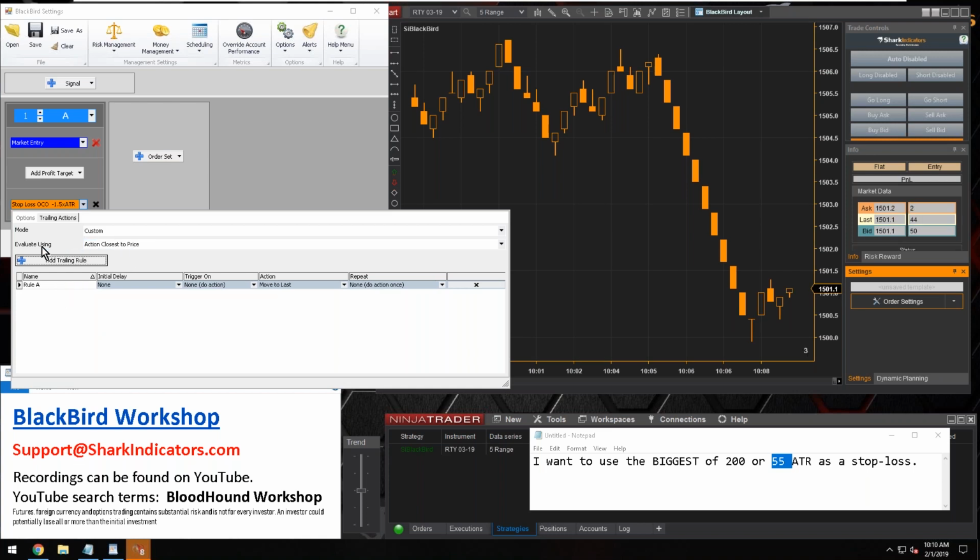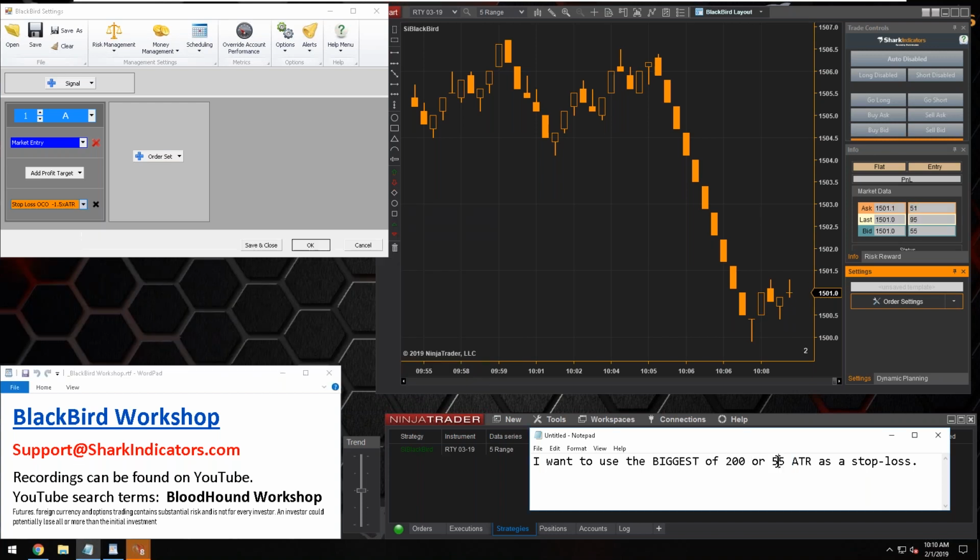And so what's going to determine the largest or the biggest distance between the... let me back up here. So we're going to have two trailing rules here, right? One trailing rule is going to use the 55 period ATR, and the other trailing rule is going to use the 200 period ATR.